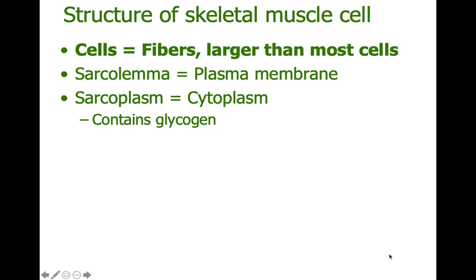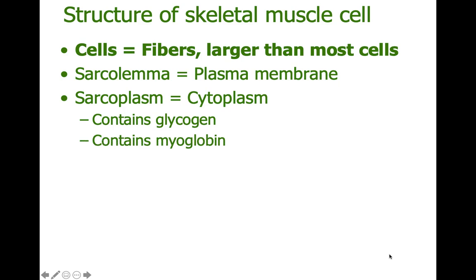Because muscles need lots of ATP. In order to make ATP, what do we need? That's right, we need glucose. So glycogen is going to give us a ready supply of glucose by breaking down glycogen through hydrolysis. See, you're never getting away from it. It's going to keep following you.